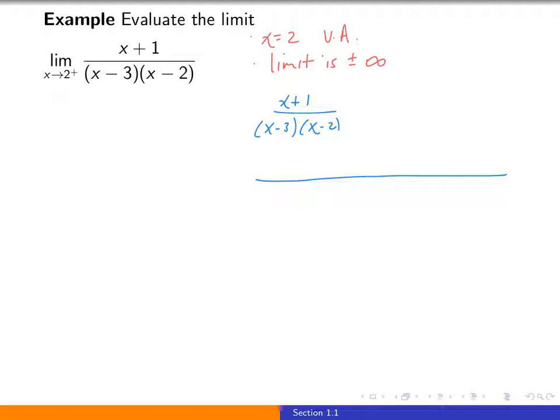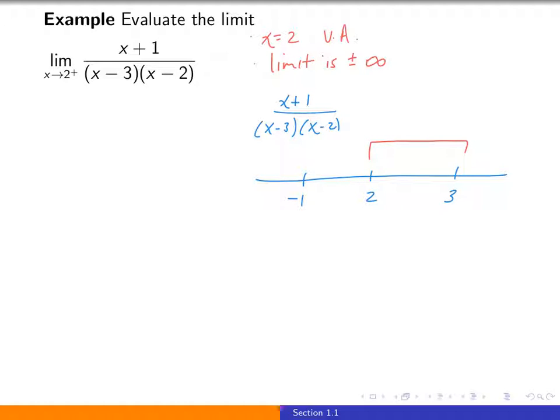It can be equal to 0 when the top is 0, so at minus 1, or when the bottom is 0, at 2 and 3. In between any of these values, the function is going to be entirely positive or entirely negative. What we're really interested in is what is happening between 2 and 3.